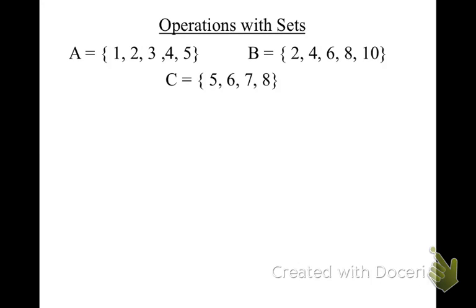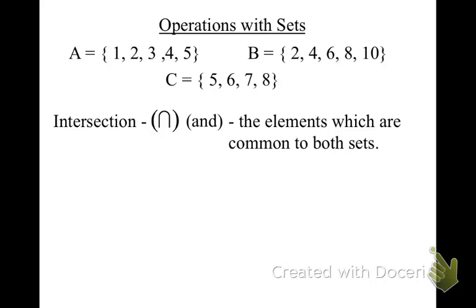When we're doing operations with sets, I've got 3 sets here. For an intersection, the symbol we use is like an upside down U or a horseshoe. An intersection is what we call an AND statement. These are the members that both sets have in common.